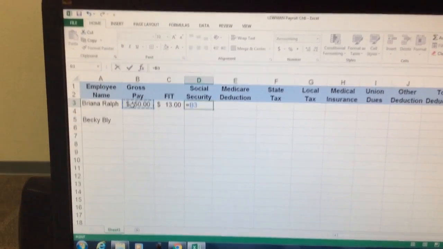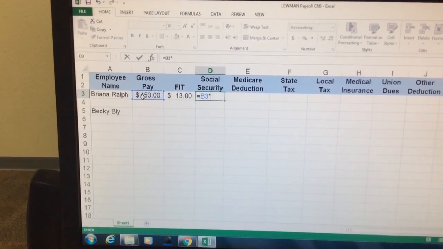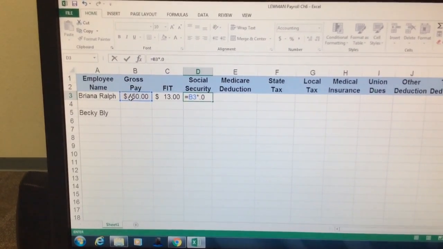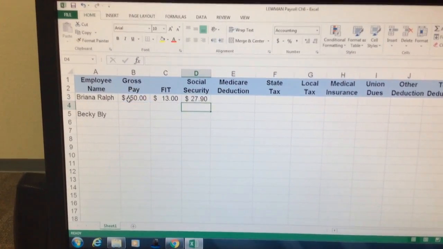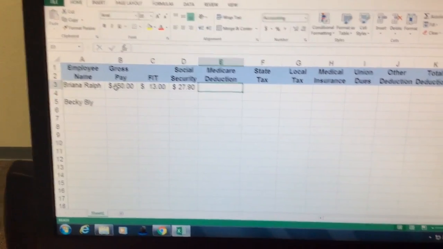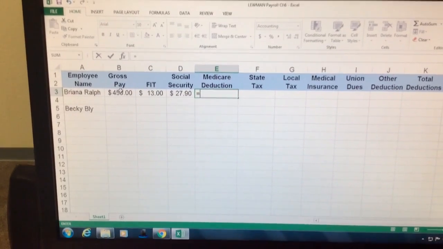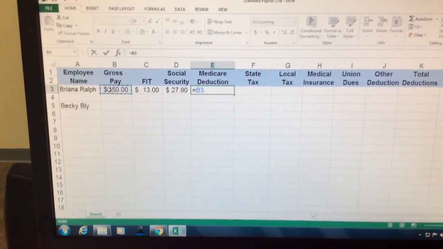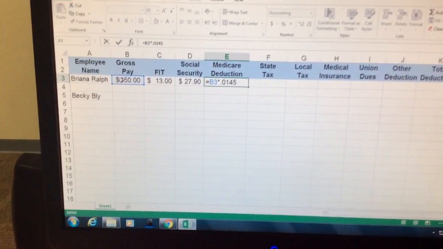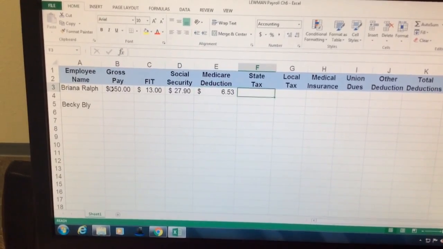You click on the gross pay cell and take it times, the star to multiply, 6.2%, which is 0.062 for Social Security. Medicare is 1.45% of gross pay, so you go equals gross pay times 0.0145, which is Medicare when you put in a decimal for a percentage.